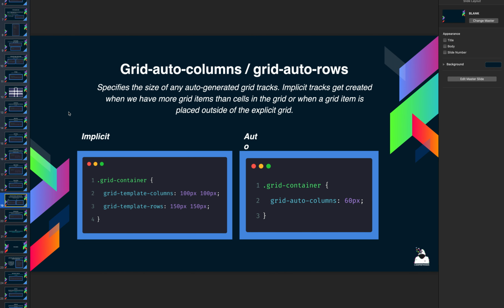Grid auto columns and grid auto rows specify the size of any auto-generated grid tracks. Implicit tracks get created when we have more grid items than cells in the grid, or when a grid item is placed outside the explicit grid.